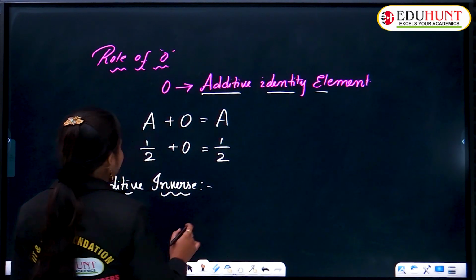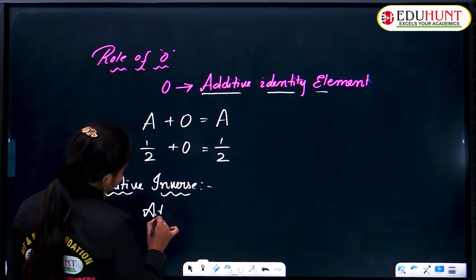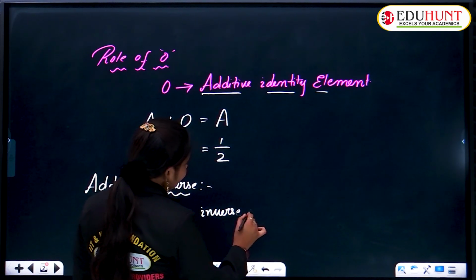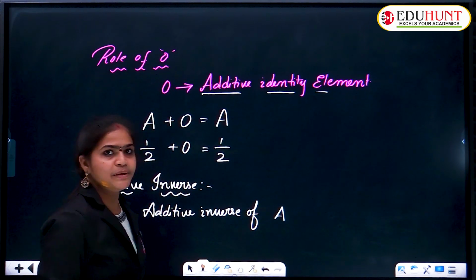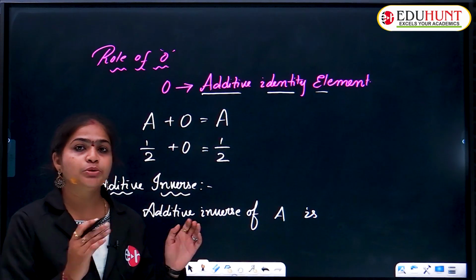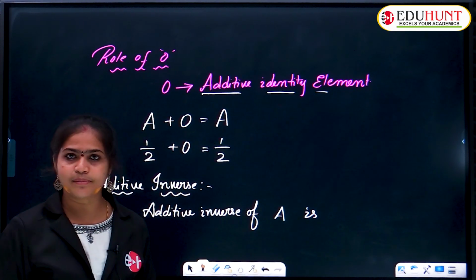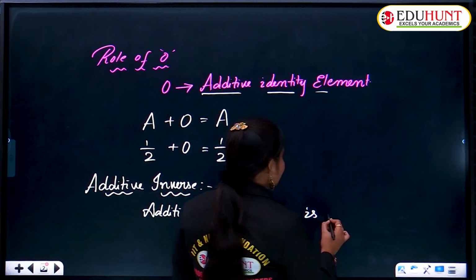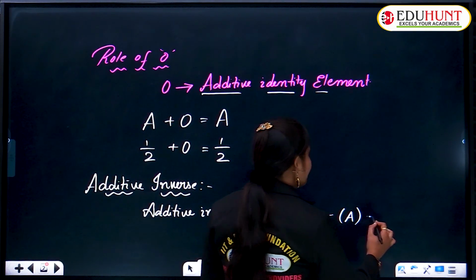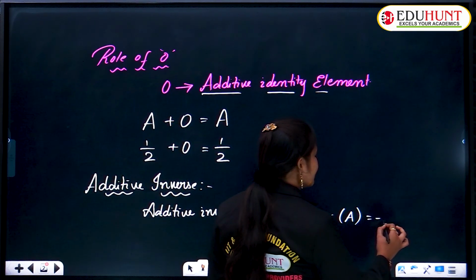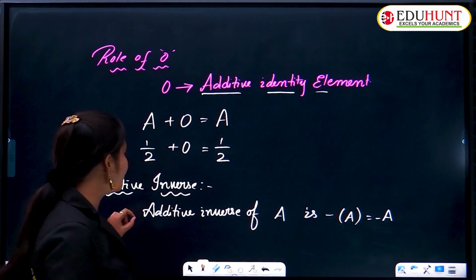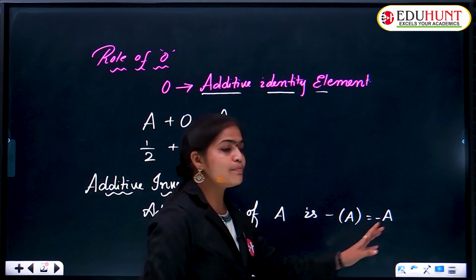Here also, the additive inverse of a rational number, let it be some a, is the minus of the given number, that is minus a. Minus a equals minus into plus a, which equals minus a. So the additive inverse of a is minus a.